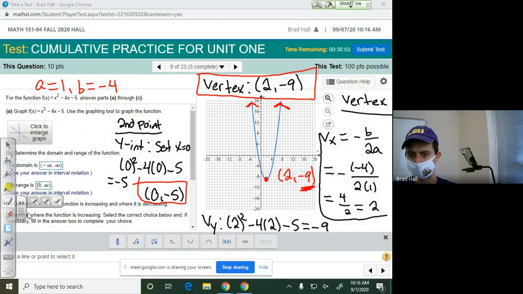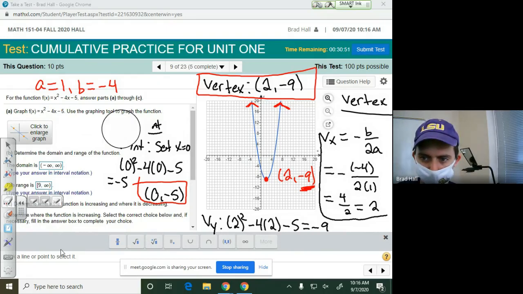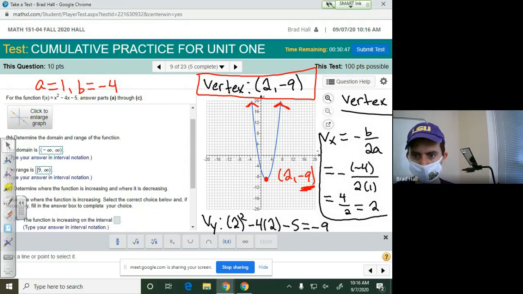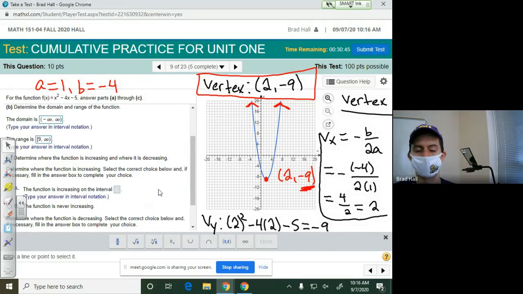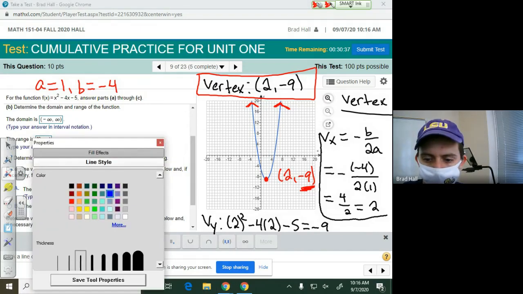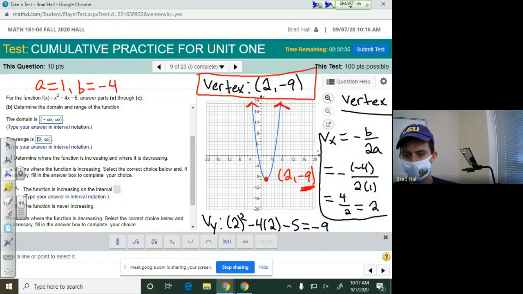And before we move on to the last stuff, we'll erase the stuff on the second point. And we'll look for increasing and decreasing, and then we'll be done. So, where's the function increasing?